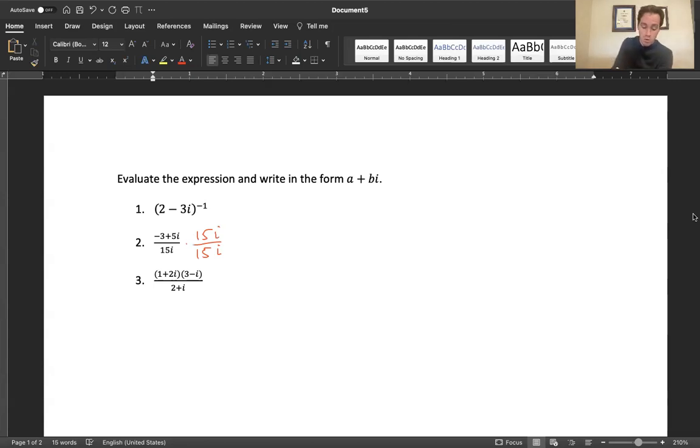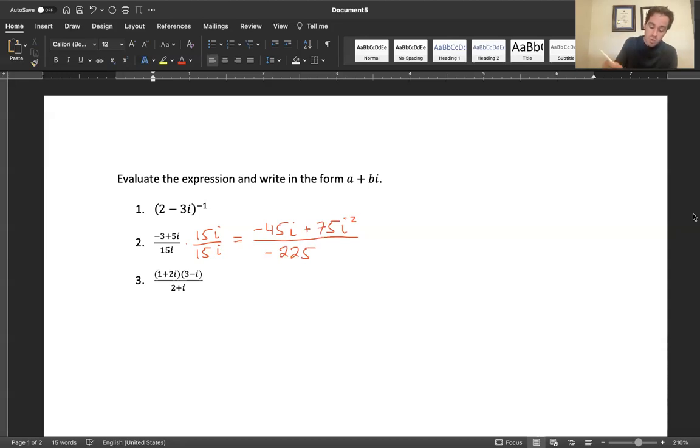We're all adults here. So negative 3 times 15i is negative 45i, plus 5i times 15i is plus 75i squared. I'll change that in a second. And then that's divided by 15 times 15. Yes, it is 225i squared.